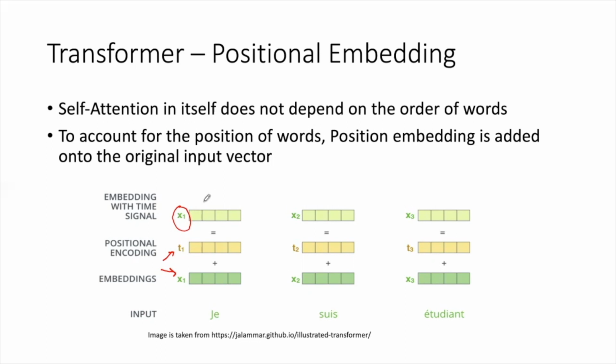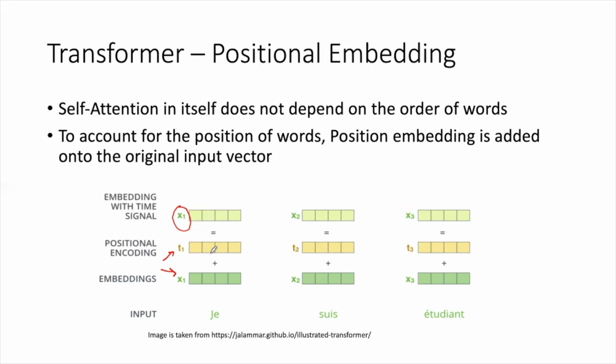There are different ways in which these position embedding vectors at each position are fixed or derived. There's a concept called sinusoidal position representation, which gives a fixed representation at each position.